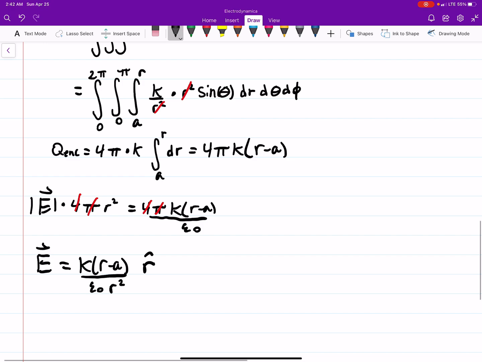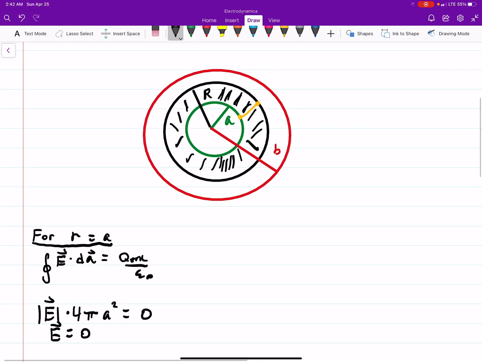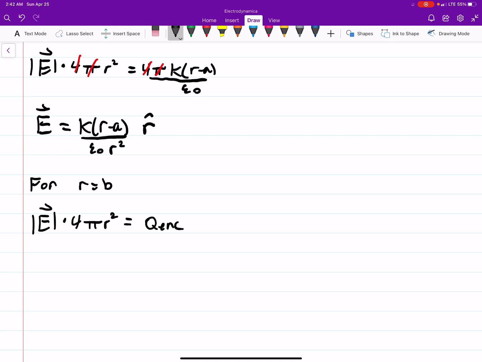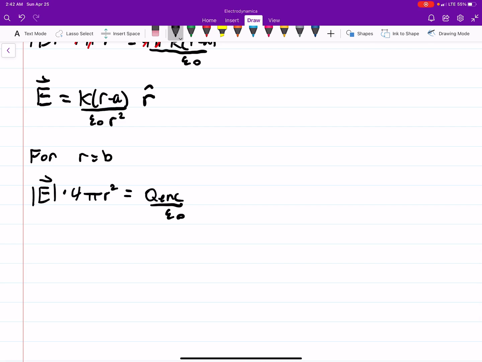Okay, so now we just have one other region which is outside of the sphere. So this will be for r greater than b. So we'll again have the magnitude of E times 4 pi r squared equals Q enclosed over epsilon naught. And we're going to find Q enclosed the exact same way we did earlier. So let me actually give myself a little bit of space.